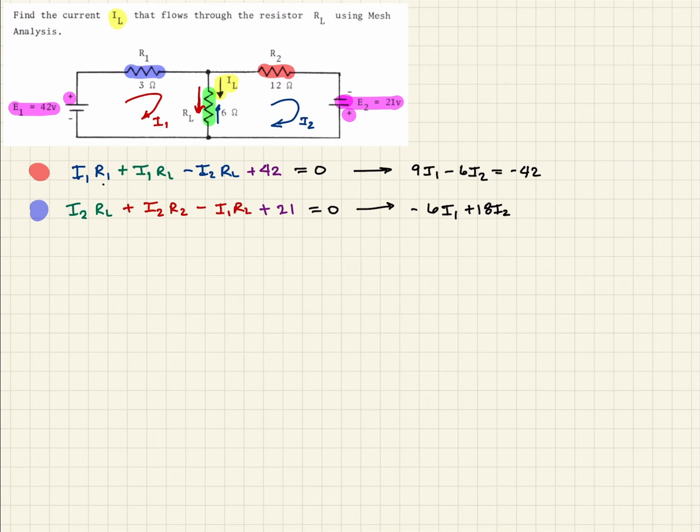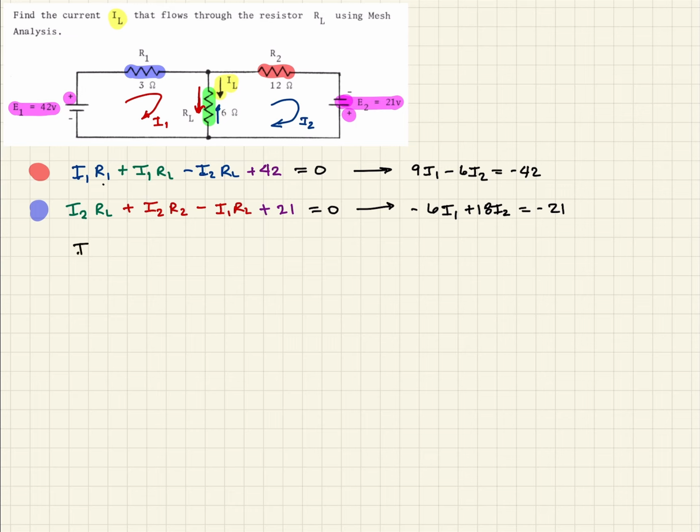And so that's going to be equal to minus 21. And so now we have our two equations and our two unknowns, and we can apply whichever way you would like. You can use matrix analysis or whatever, but that's a linear algebra problem for the most part.